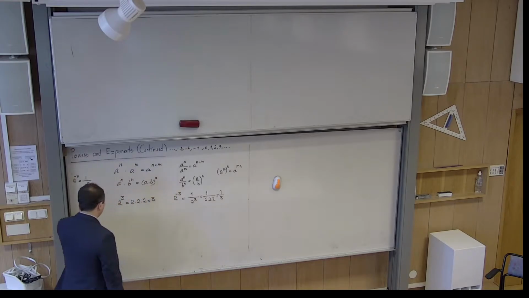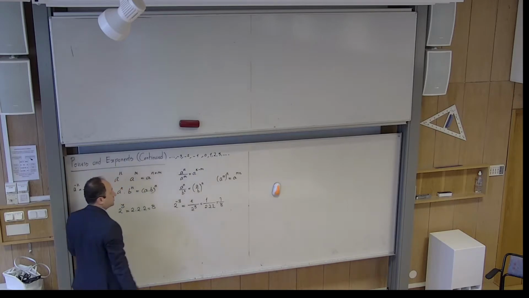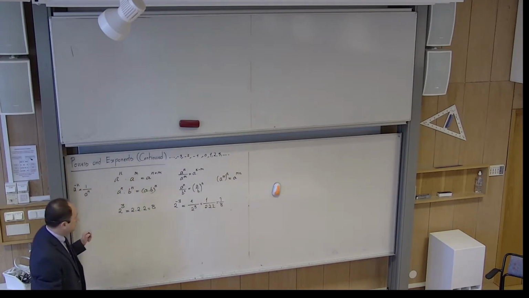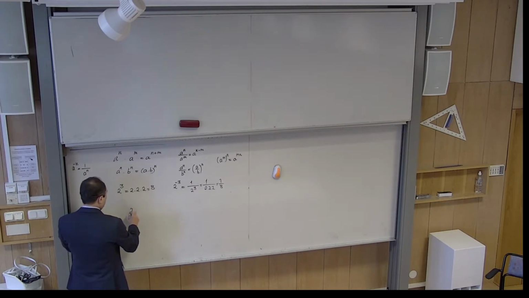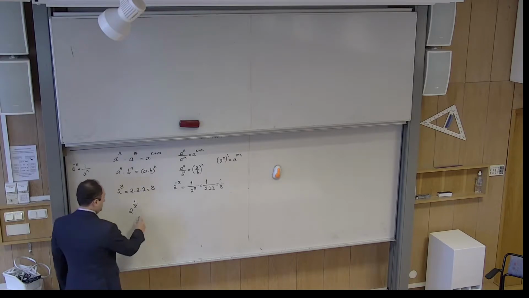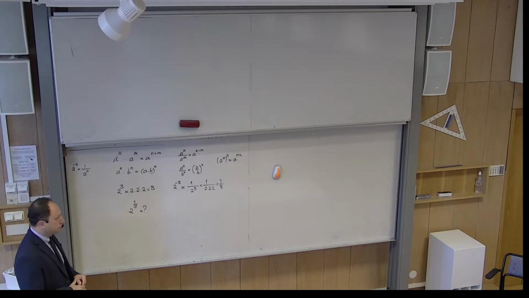But today we want to talk about what happens if we extend these numbers to contain fractions. So for example, what happens if I ask you what is 2 to the power of 1/3? Is there any meaning for that? Okay, so we want to understand this.